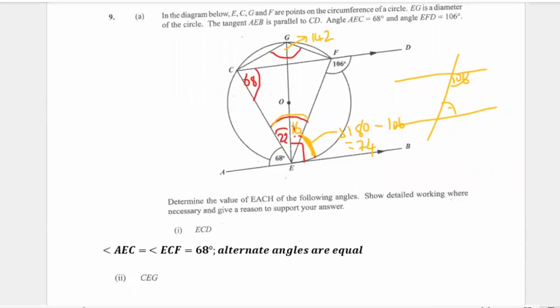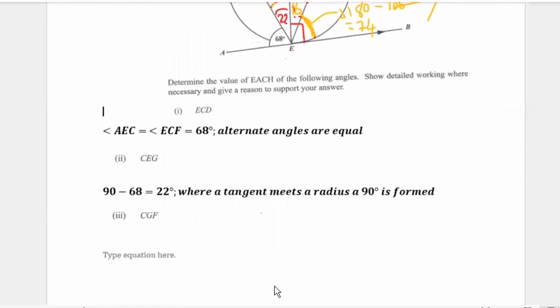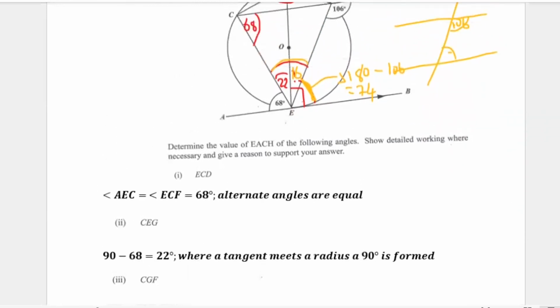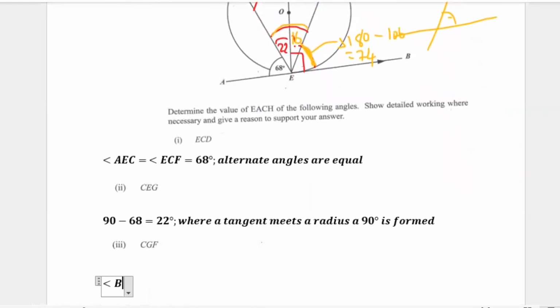So that one is worth 2 marks, just as other questions, but it took a bit more working. So going through it now. The first thing that we did, we found angle BEF.